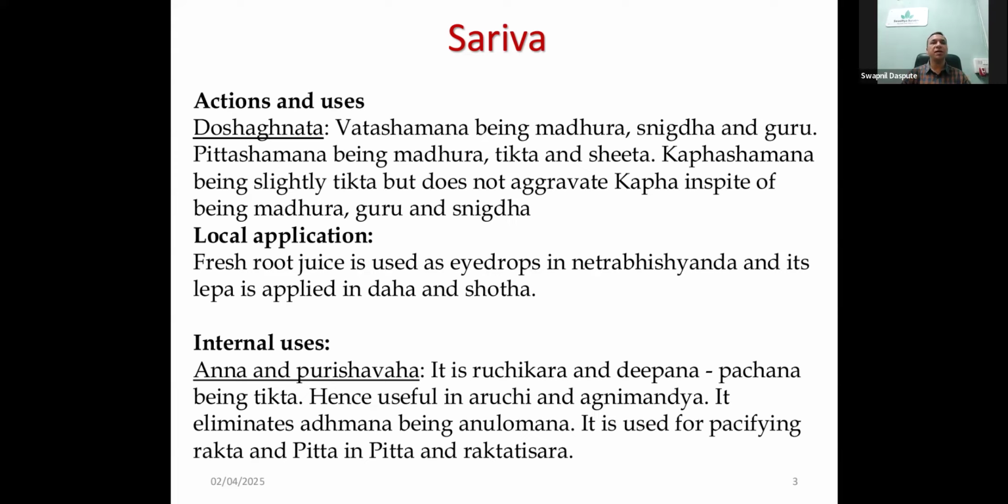Because it is Madhura, Snigdha and Guru. Pitta Shamana, as it is Madhura, Tikta and Shita. Kapha Shamana, as it is slightly Tikta but does not aggravate Kapha in spite of being Madhura, Guru and Snigdha. So this is the property of Sariva. It does not aggravate Kapha dosha.